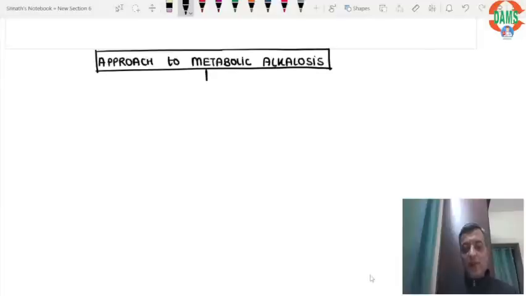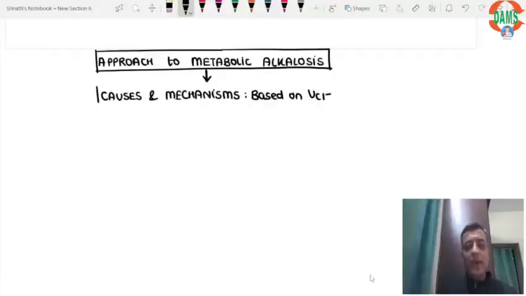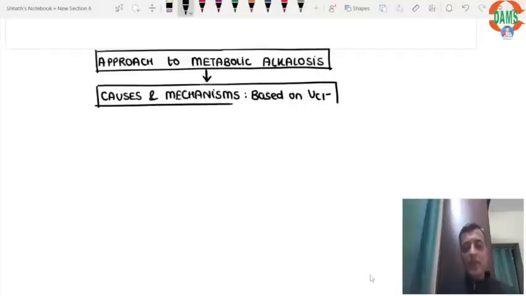The causes and the mechanisms can be classified based on the urinary chloride levels. We want to see both the causes and the mechanisms of the disease.